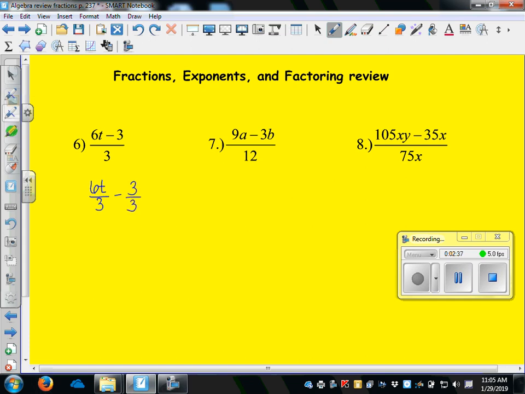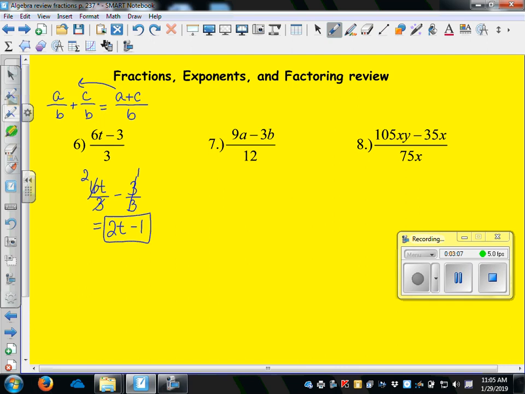Rules for fractions say that if you have a over b plus c over b, if you have a common denominator, you can add your numerators together, but you can also go back the other direction and separate the two terms. So I have 6t over 3, which would simplify. The 6 divides by 3, and then 3 cancels. And over here, 3 over 3 is just 1, so I would have 2t minus 1.